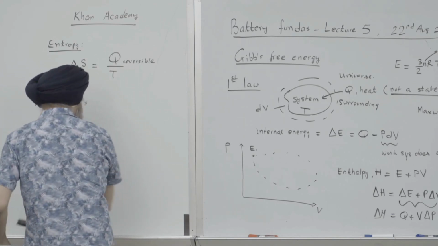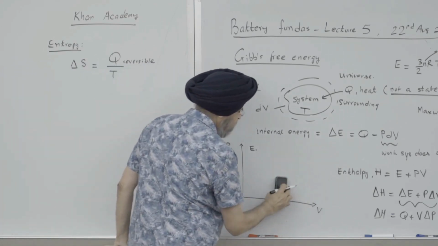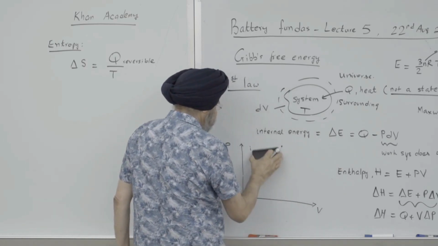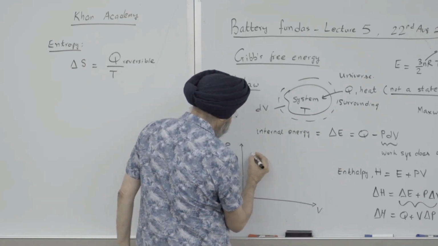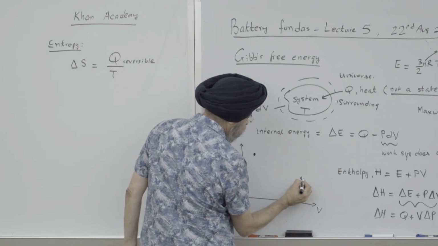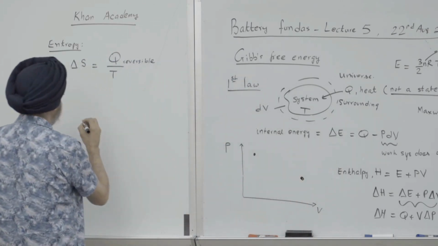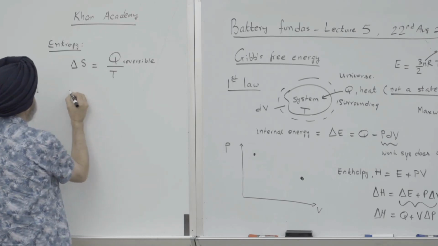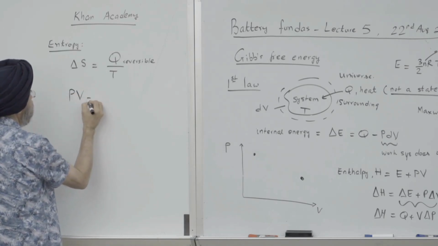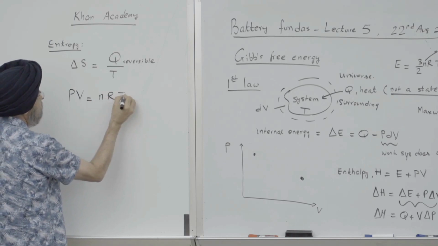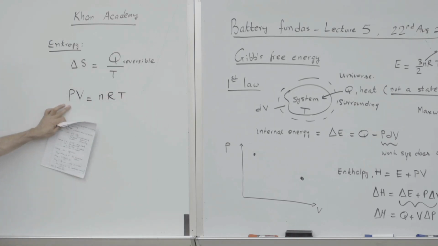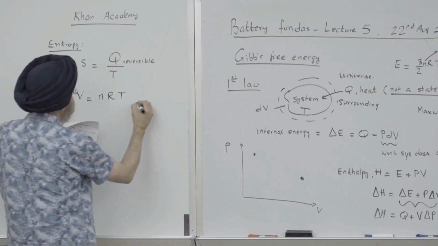So what do we mean by a reversible reaction? It's like this. Suppose I'm at this point and I want to go to that point on a PV curve. We know that P times V is equal to nRT. You did this in high school, right? For an ideal gas, PV is equal to nRT.